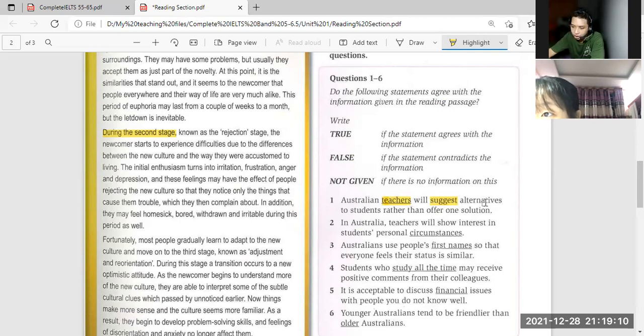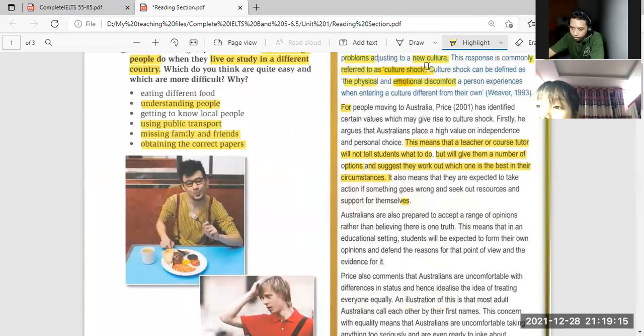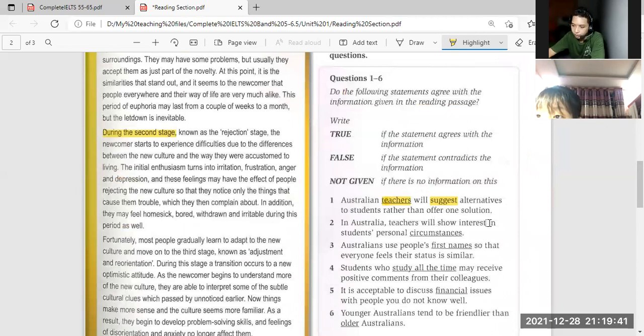So work out which one is the best is the same as alternatives, and there's suggest here, and there's teachers here. Do you think statement number 1 is true, false, or not given?